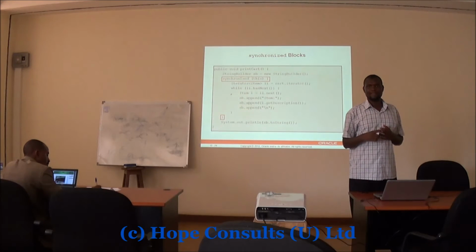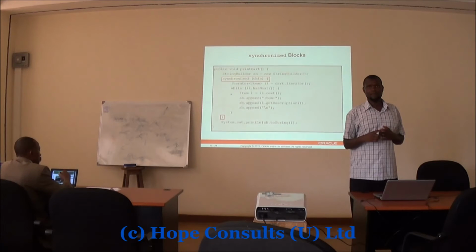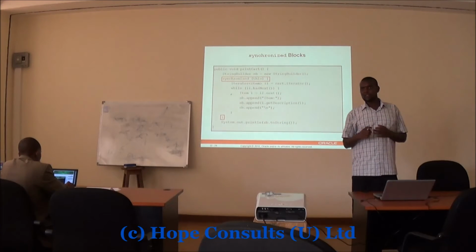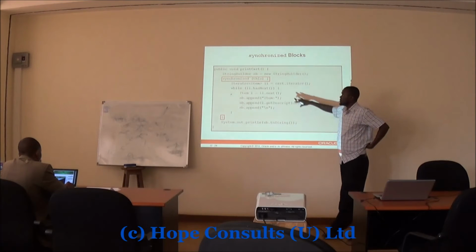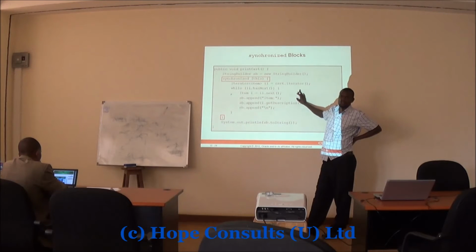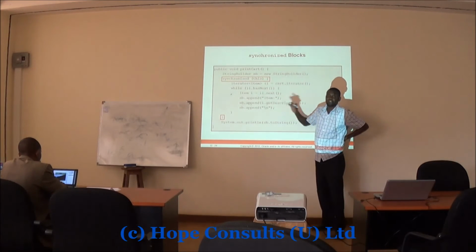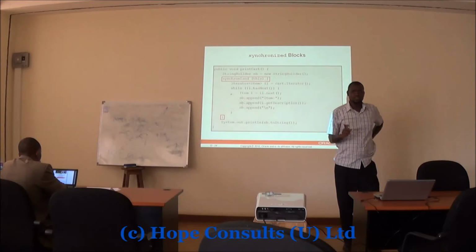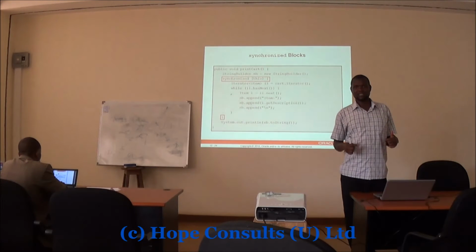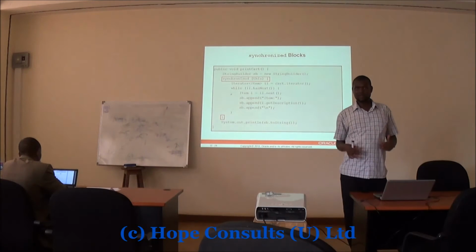Does that mean we may have different threads running, but no more than one thread can be in that section at the same time? Yes. So they will wait until one is done. So these lines of code have been protected so that only one thread can execute them. When it finishes, the other one comes in. When the other one finishes, another one comes in.